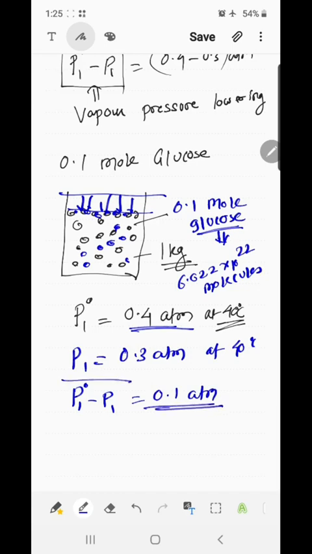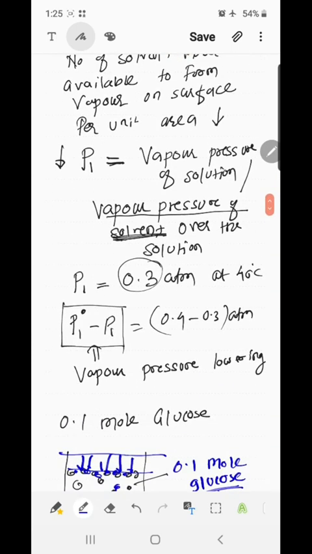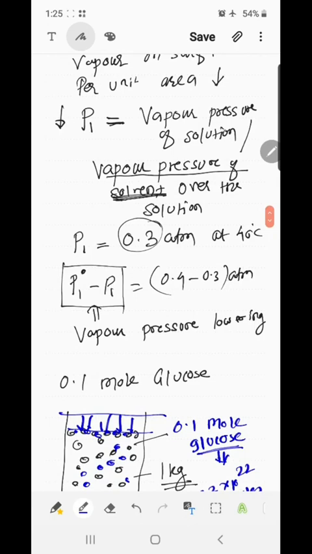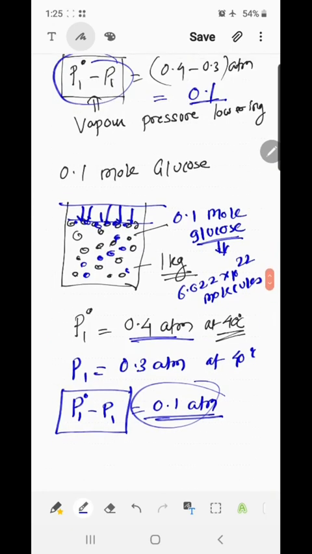So class, this lowering of vapor pressure of solvent, for urea it was 0.1, and is again 0.1 for glucose.